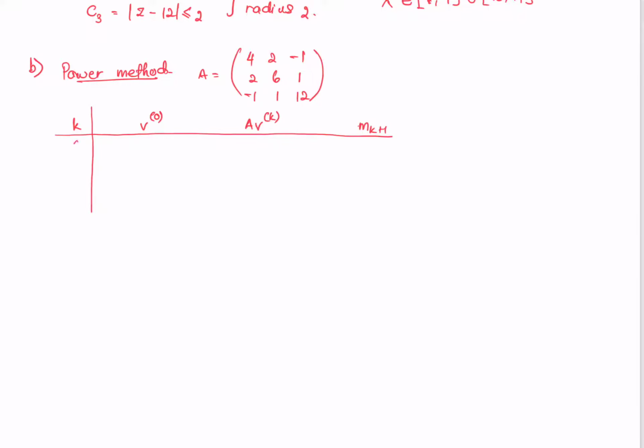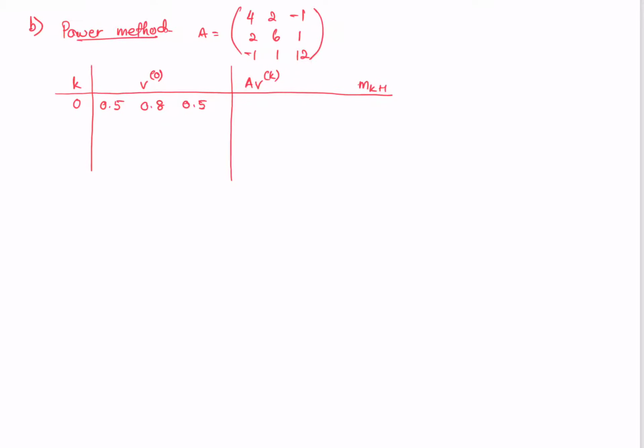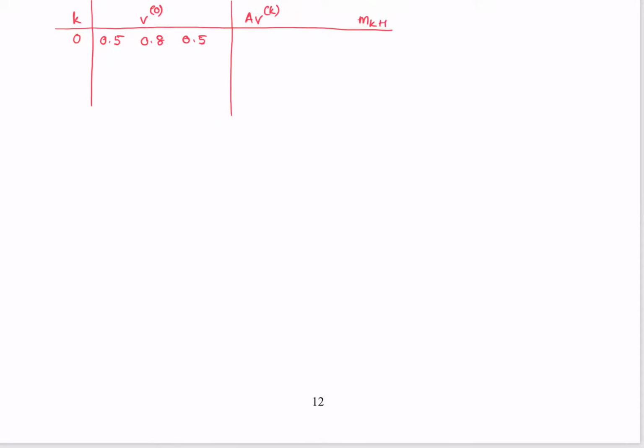So from K equal to 0, we have V0 that is given, which is 0.5, 0.8, and 0.5. And then we can determine our AV0. So for K equal to 0, this is our calculation.